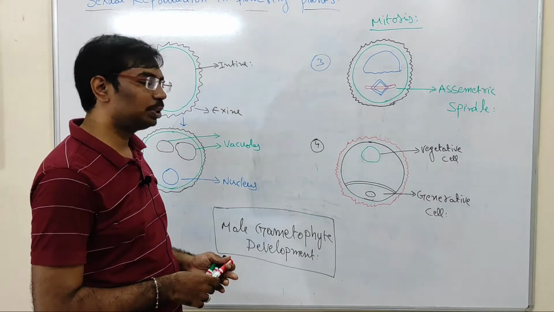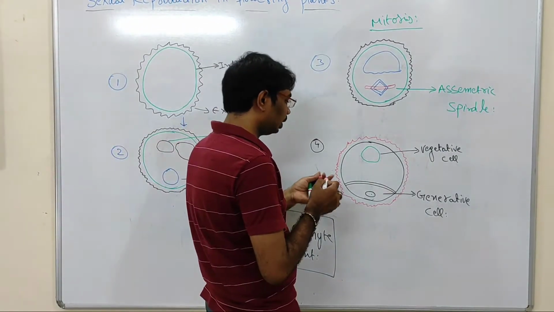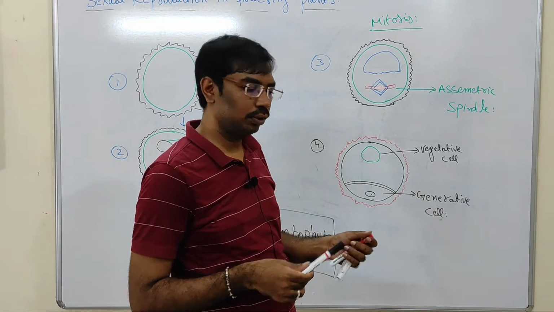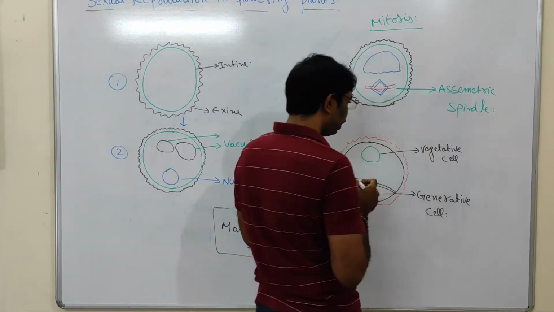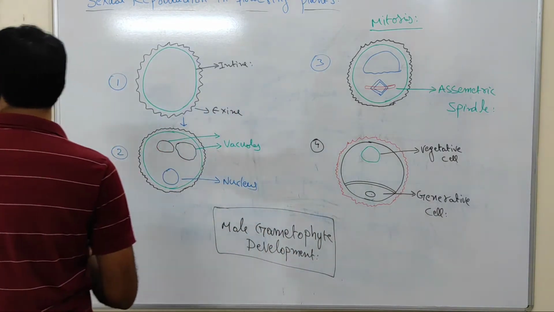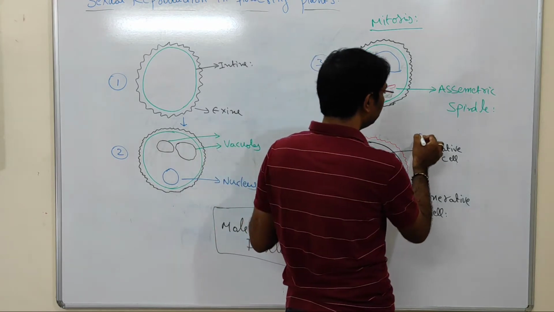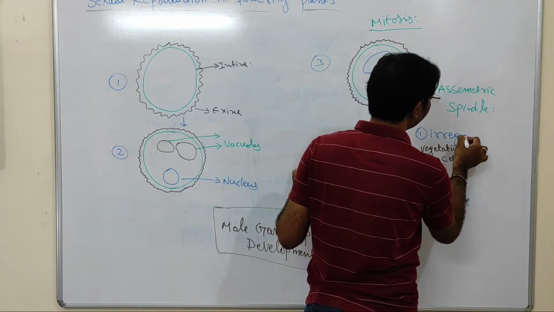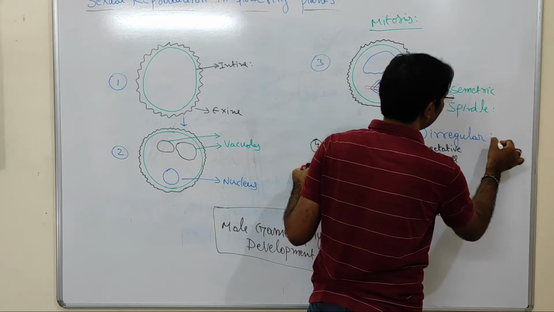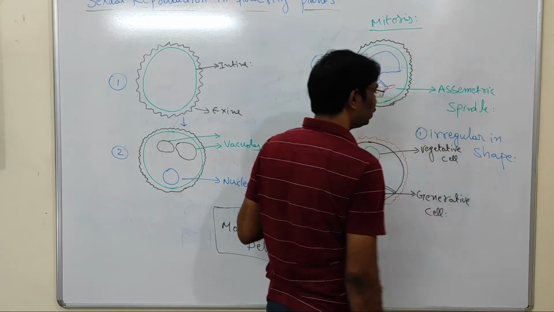What is the difference between the vegetative cell and the generative cell? Let me write the characters of the vegetative cell separately.